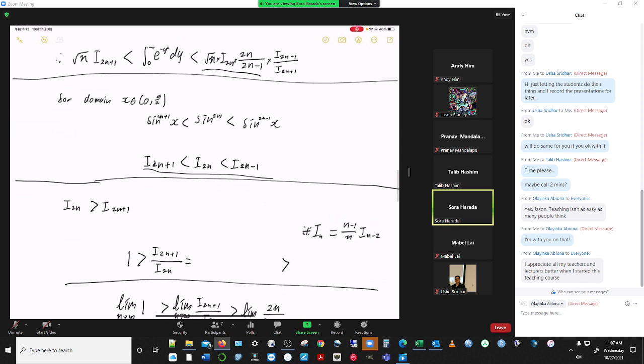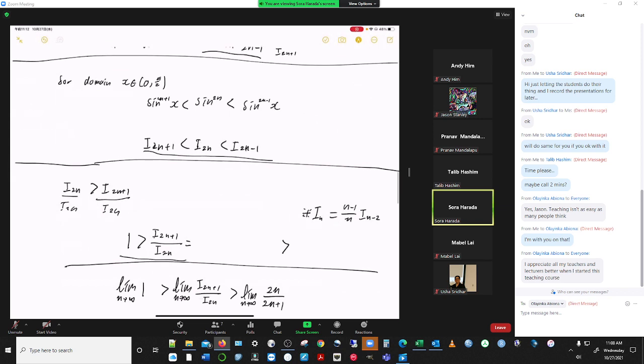So now what I'm trying to do here is just divide I2n with each other, and that formula would appear here.